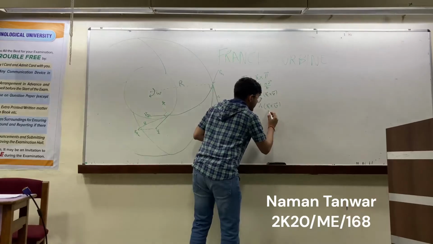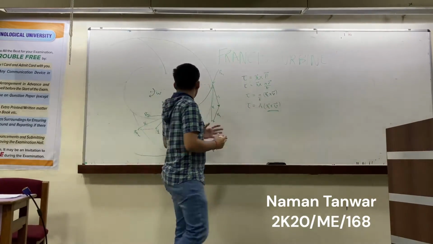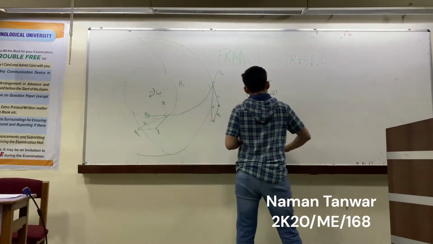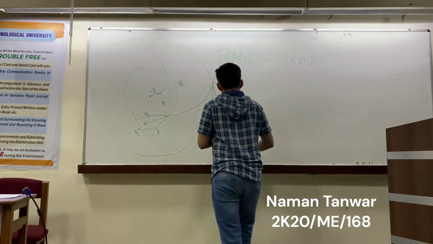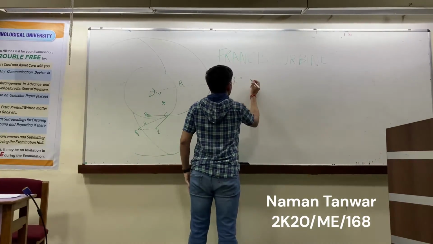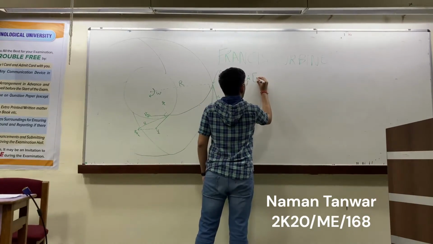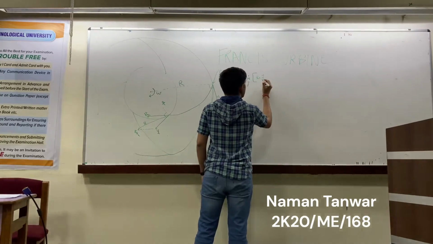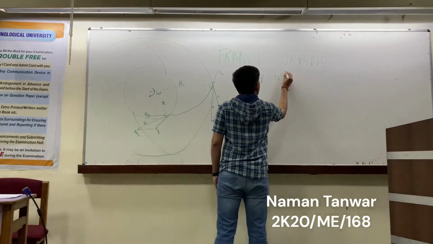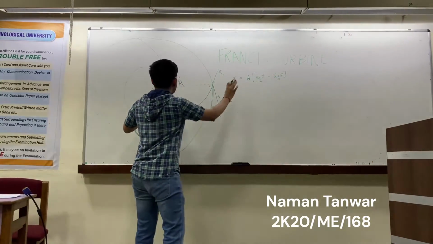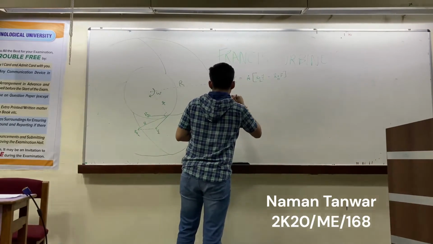Now the change in this entity will be giving us the torque. Torque is equal to m dot times r cross v for inlet minus r cross v for outlet.